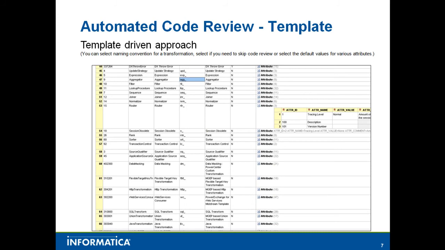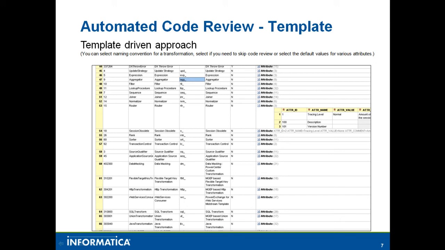Talking about the predefined template for this code review process, this is a typical format. There is a configuration file in one of the folders that allows you to fine tune some of these options based on your environment. In this example, you would see all the different transformations that you typically use in your Power Center Designer, and it will tell you what the transformation is along with the description and what naming convention is being used.